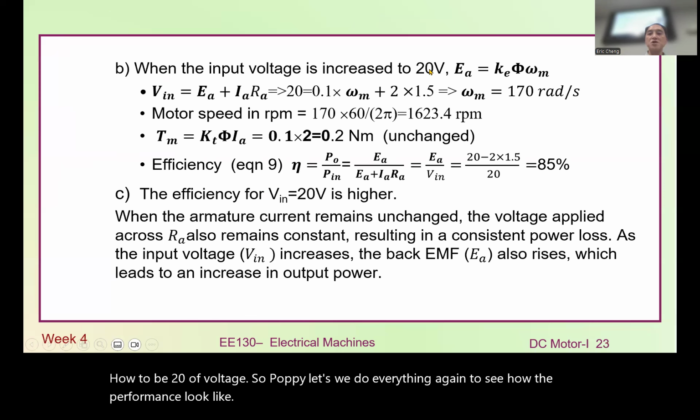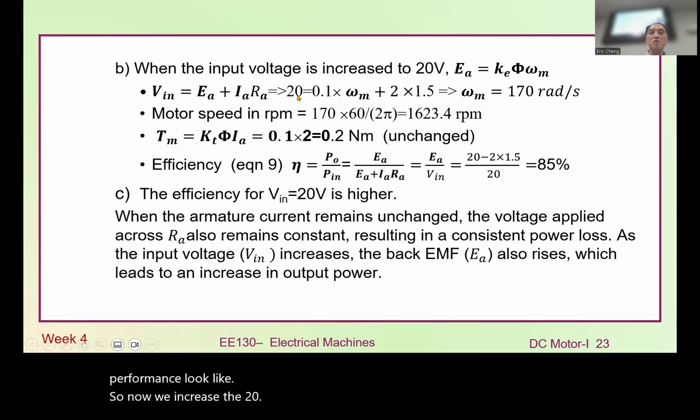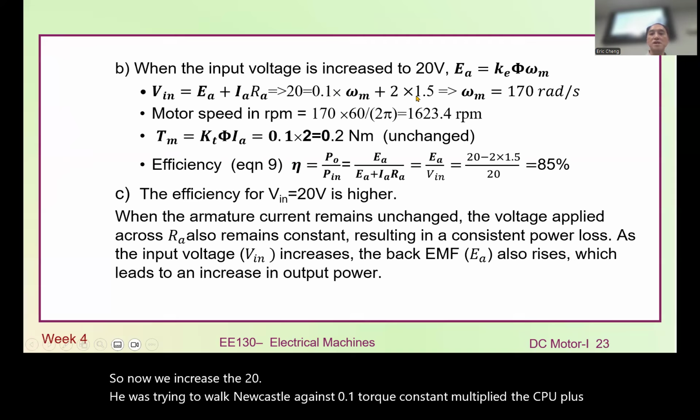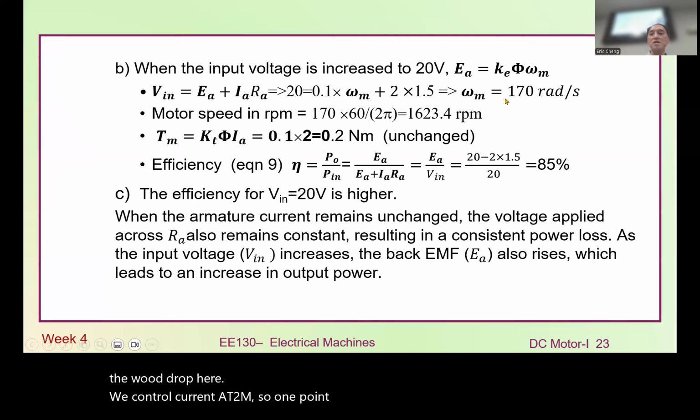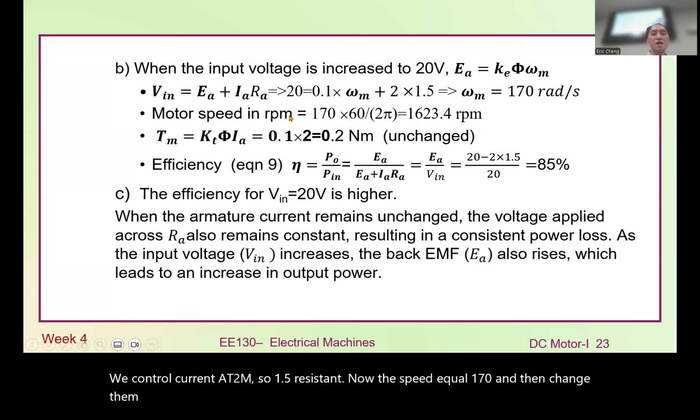Now we increase to 20. So 20 volt equals, again, 0.1 torque constant multiplied by the speed, plus the volt drop here. We control the current at 2 A, so with 1.5 resistance, the speed equals 170, and changing that into RPM, we have 1623 RPM.